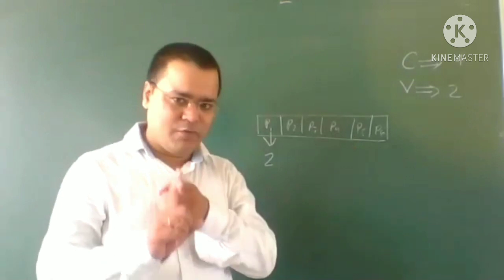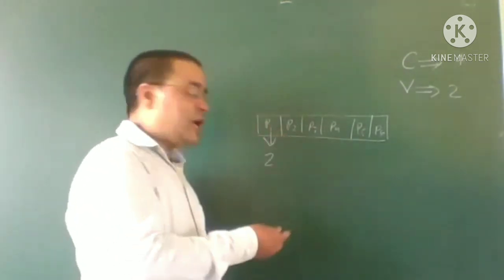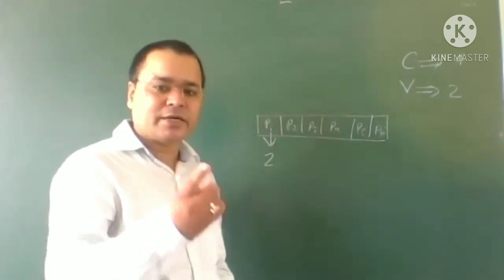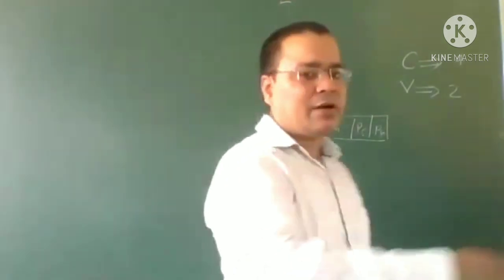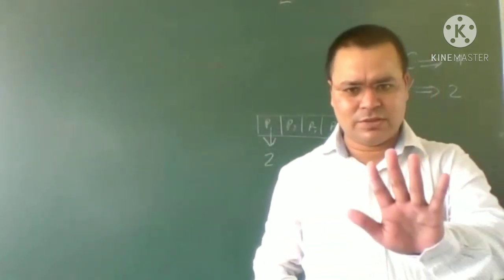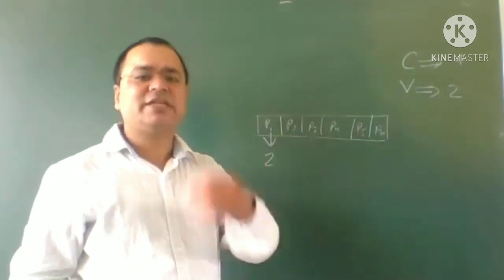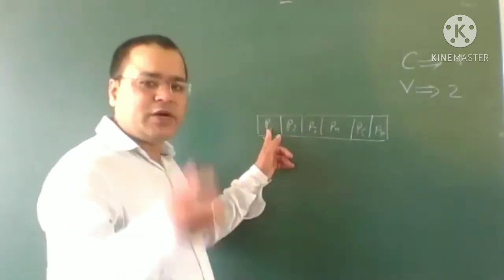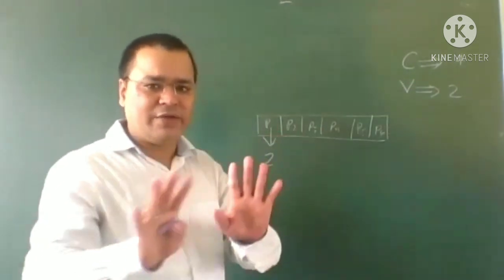Any one vowel is filled here, so we have a total of 2 options. But once one is filled, the total number of remaining letters is 5. One is already filled.